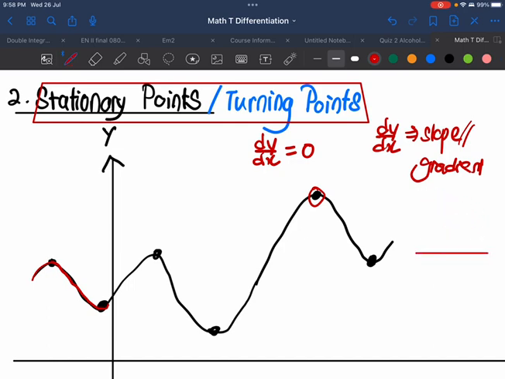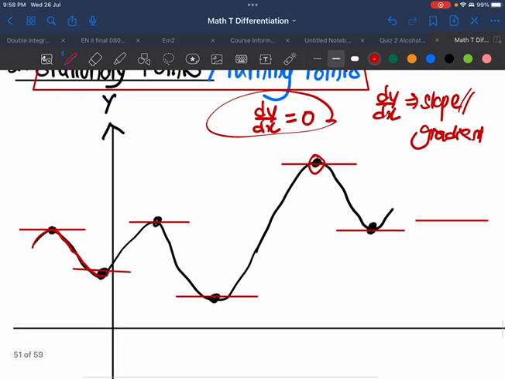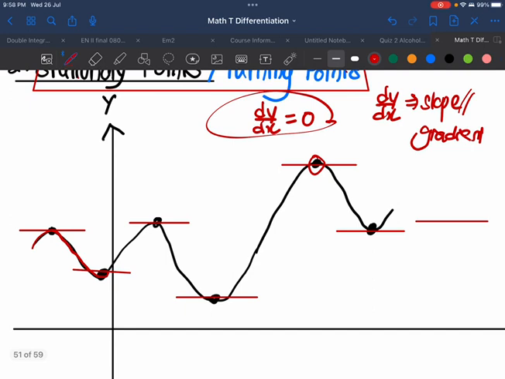Now you can see at every one of these points the gradient is actually a straight line. It's all straight lines, so they are not sloped at all. That means their gradient is 0. So if you want to find the stationary points or turning points, we use dy/dx equivalent to 0.